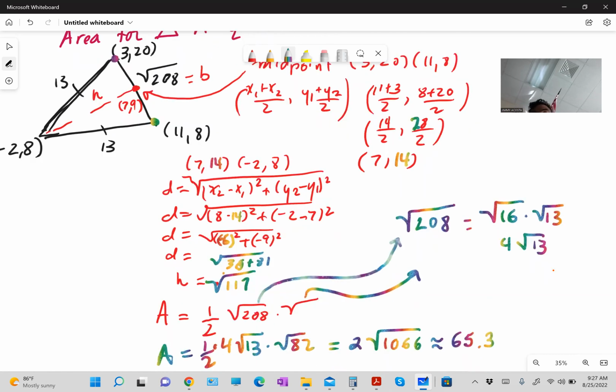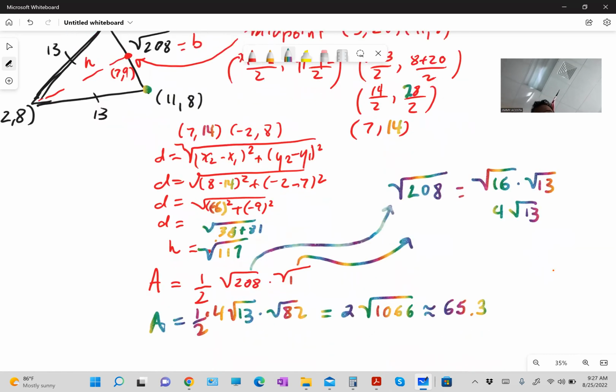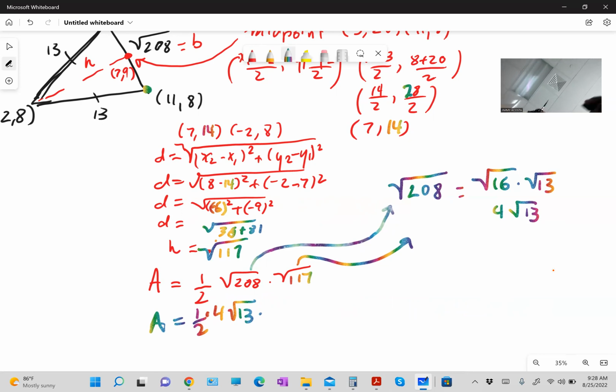Fine. 117. What's 117 times 208? So then this becomes 3 square root of 13, right? And now finish it up.